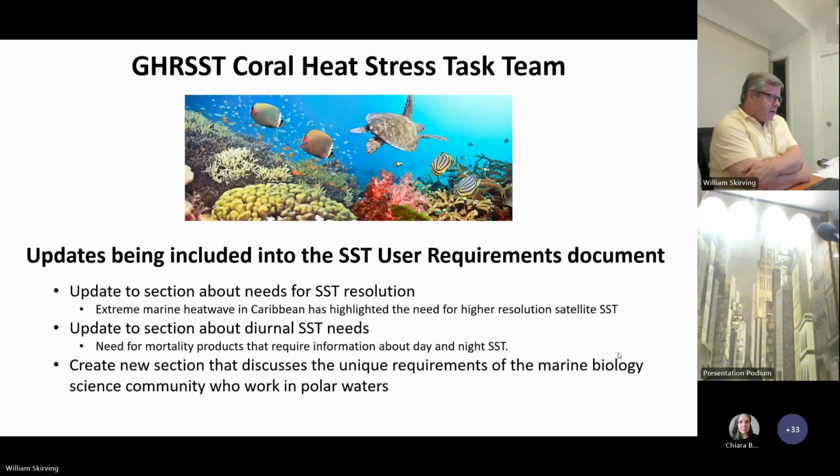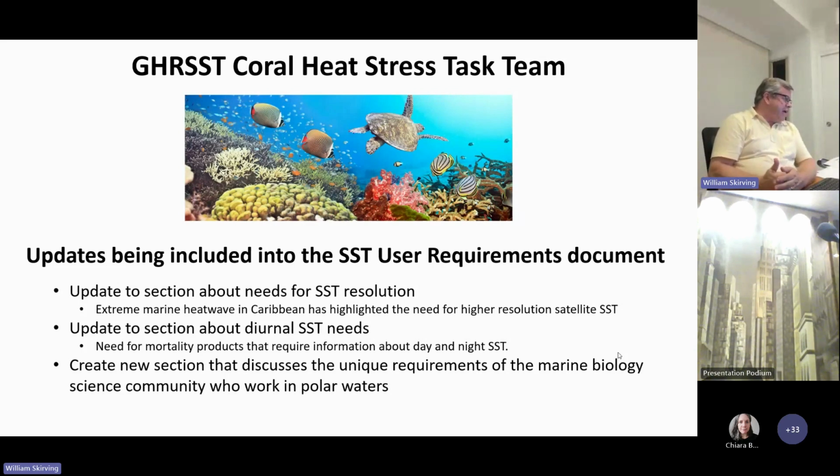And we now want to chase a mortality product, which looks like being just SST as opposed to SST and light. And it is likely to need daytime temperatures as well. So we need to have good SSTs in the day and at night. And partially this is the reason why we're looking at the comparison between the two algorithms.